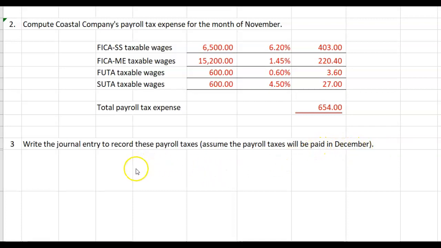And in this textbook, they ask you to record the taxes in different liability accounts. So you'll have a Social Security liability account, a Medicare liability account, etc. So go ahead and write the journal entry to record November's payroll tax expense for the Coastal Company.